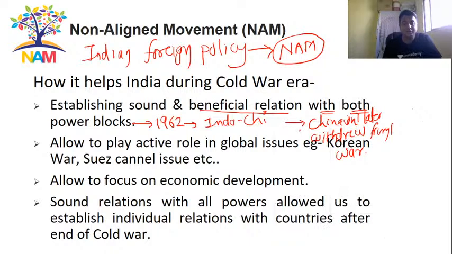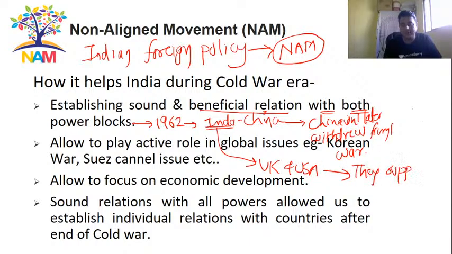So how was it so? Because India took help, asked help from UK and USA, and they supported the Indian claim.